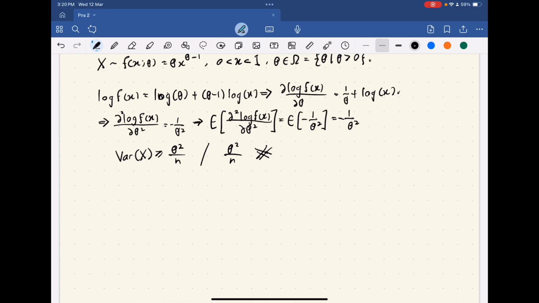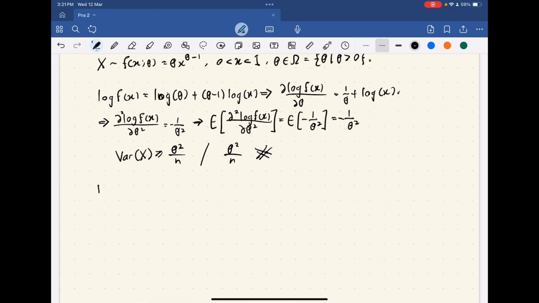Also, from here we can find the MLE by summing up the first derivative of the log of the PDF.